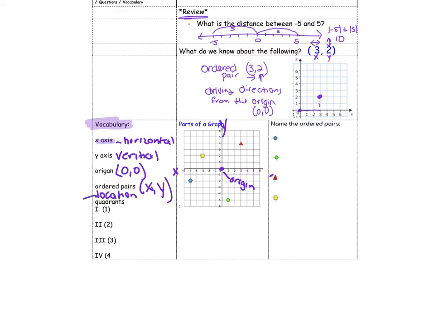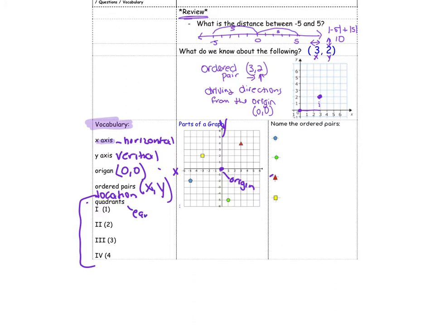And then quadrants. A coordinate plane can be split into 4 different quadrants. There are times like this one up here where we just see one quadrant, the first quadrant, but when you have your axes, your vertical and your horizontal, it splits it into 4 different parts. And we call them quadrants.